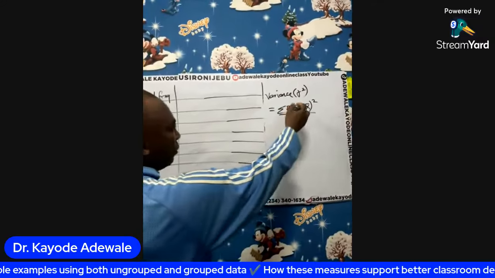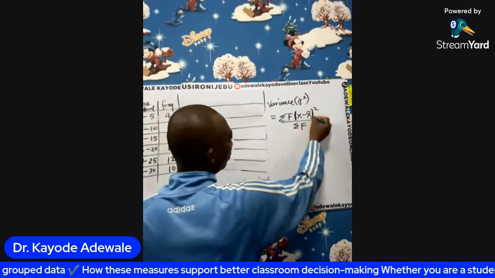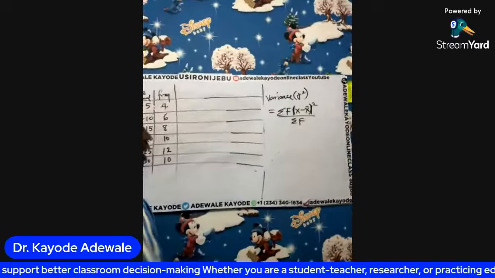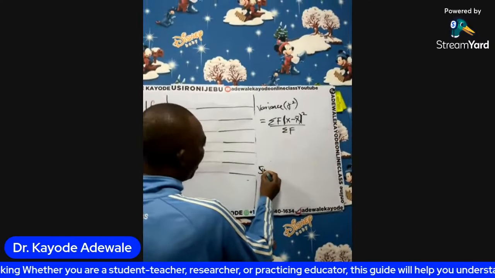Summation F, you can use an absolute value symbol or you use bracket, (X minus X bar) all squared, everything divided by summation F.